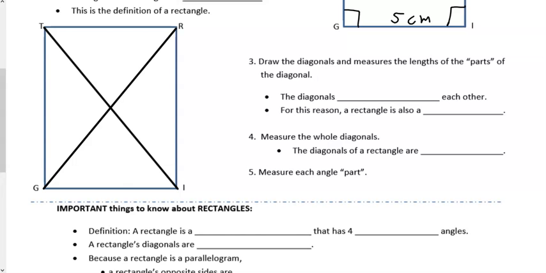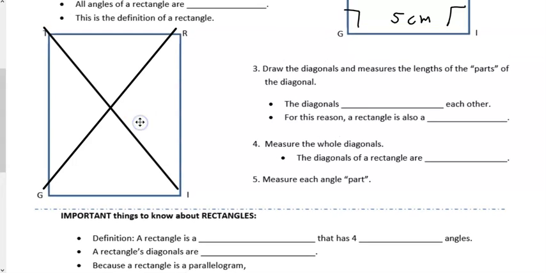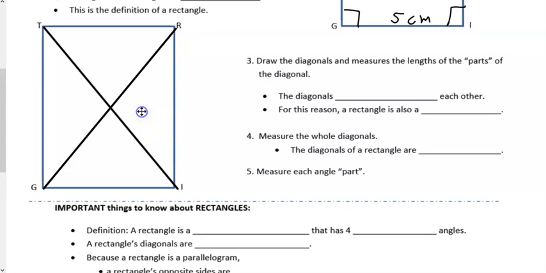So the whole diagonal is about 8.5. So we're going to say 4.25 centimeters for each one of these. So about 8.5 for each one.